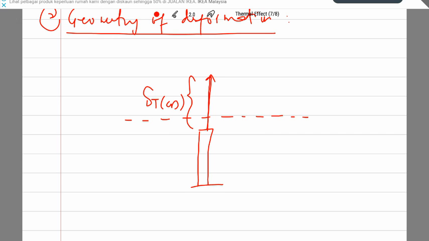So again, the internal force actually constrains this deformation here and pushes the rigid bar down to a lower position.